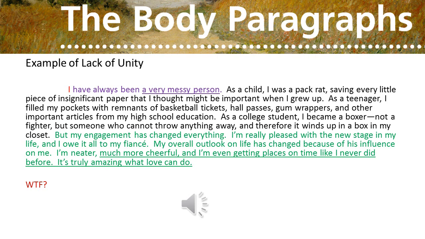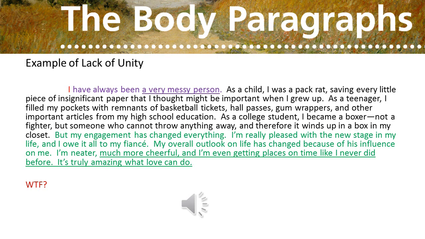I don't think it's enough to show you a positive example of paragraph unity. In other words, I don't think that necessarily showing you a paragraph in which everything is unified makes as much of an impression on you as to then juxtapose it with a paragraph that is not unified. And so here is one.